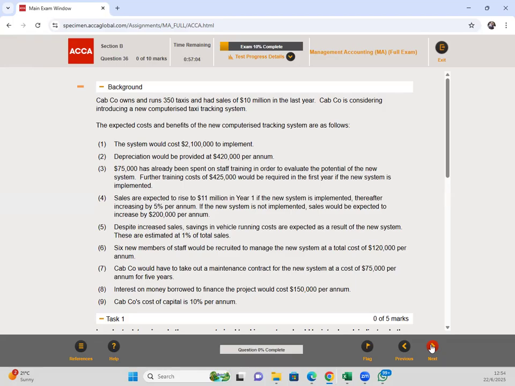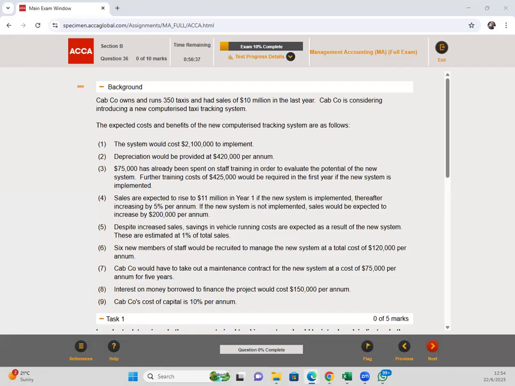Depreciation would be 420. Training costs of 75 have already been incurred, and further training costs of 425 are yet to be incurred. Sales are expected to rise to 11 million in a year if the new system is implemented, thereafter increasing by 5% per annum.